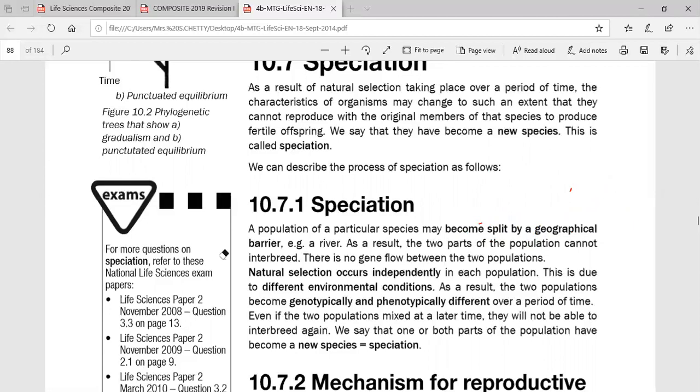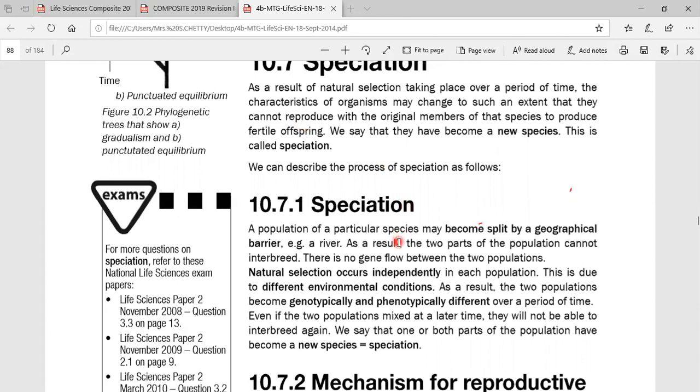Good. A population of a particular species may become split by a geographical barrier. Example, a river. Example, an ocean can be a geographical barrier. Example, a mountain can be a geographical barrier. For example, if there's a huge volcanic eruption and the lava solidifies to form a mountain, that becomes a geographical barrier.